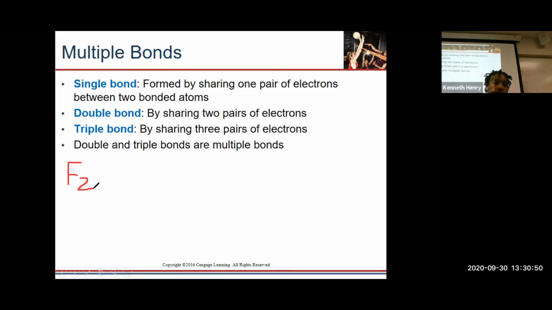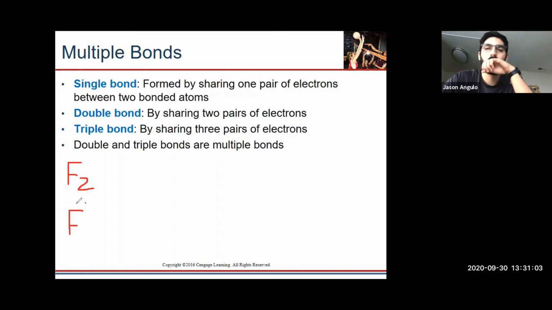Let's say we have fluorine. We know that fluorine gas is diatomic. How many valence electrons does each fluorine have? 7.